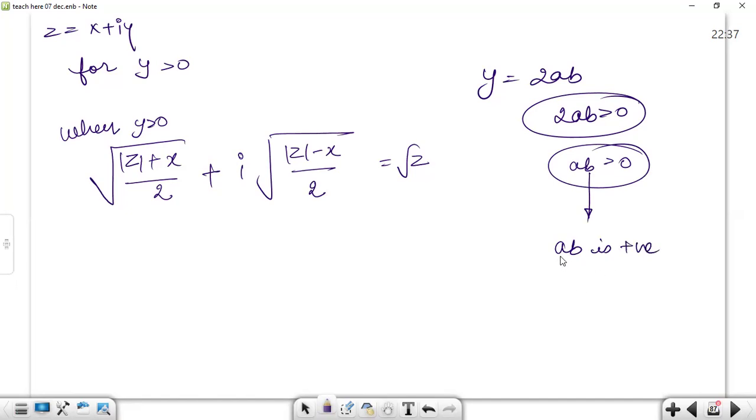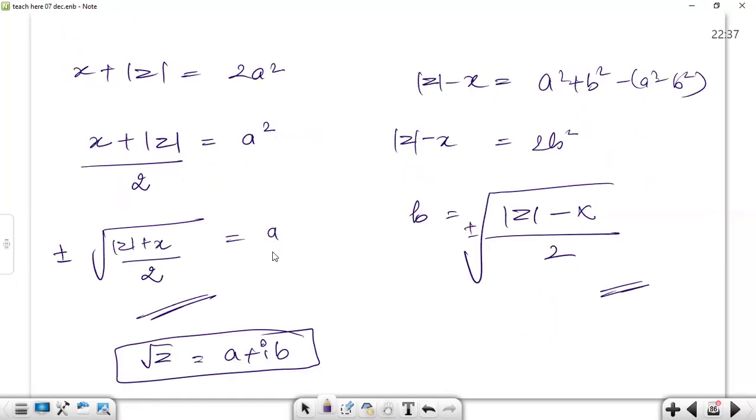Now the product of those two terms will be positive if and only if both of them, a and b, are positive, and also when a and b both are negative. So this a has to be positive and b has to be positive simultaneously in the same case.